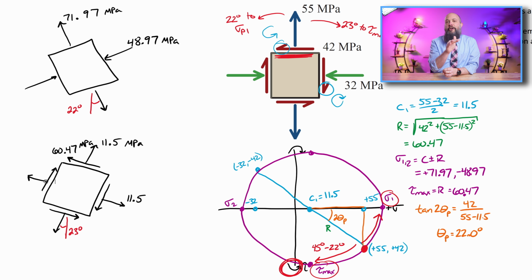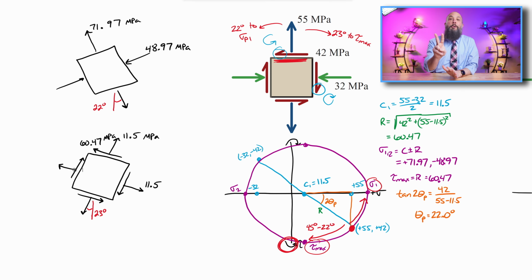So my 32 that was horizontal, that's now rotated a little bit downwards from horizontal, that surface should have shear stress rotating clockwise, which is down on that position, which confirms that it makes sense and that we've drawn our shear stress in the correct orientation.